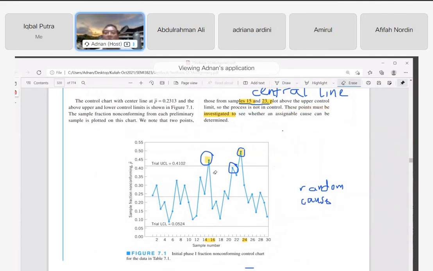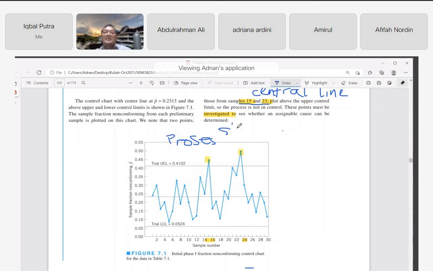So we know that this control chart, this process, we say the process is unstable. Normally we say the process is statistically unstable. We put statistically because this is based on sampling.